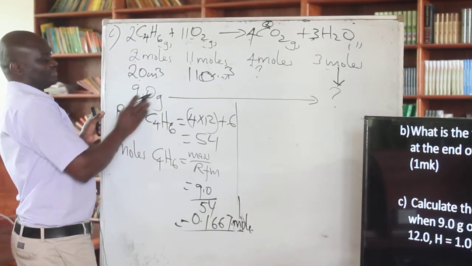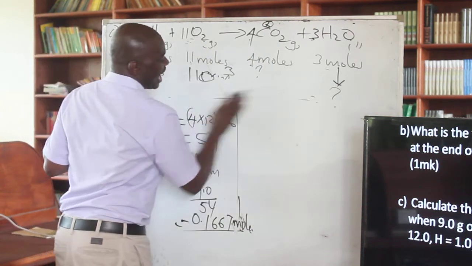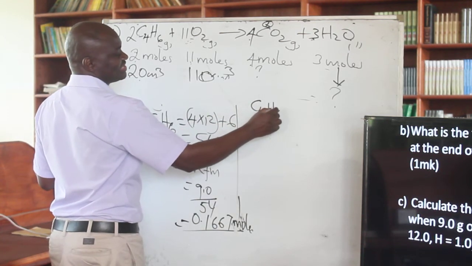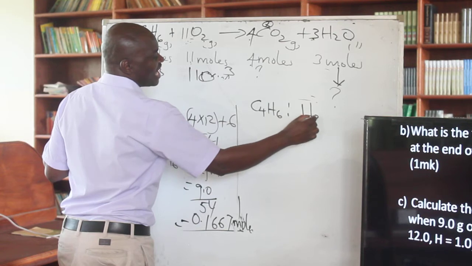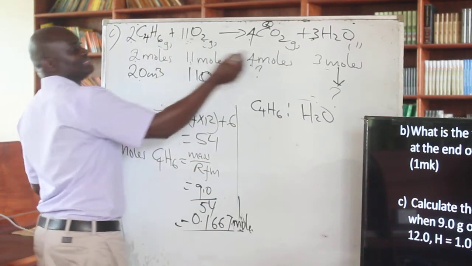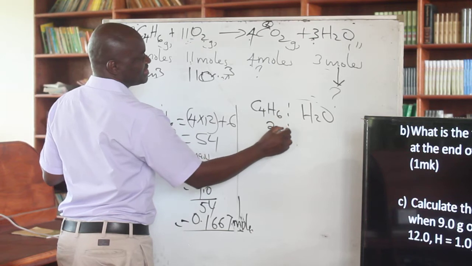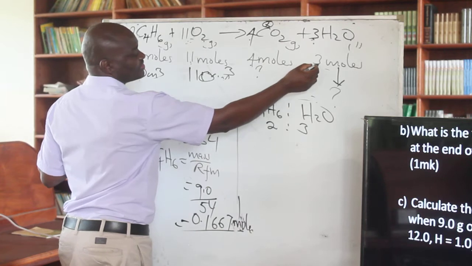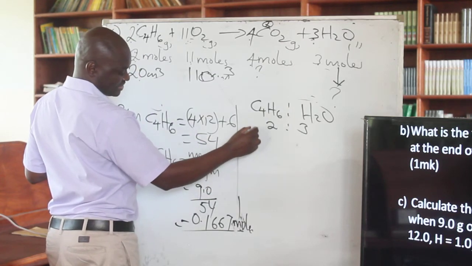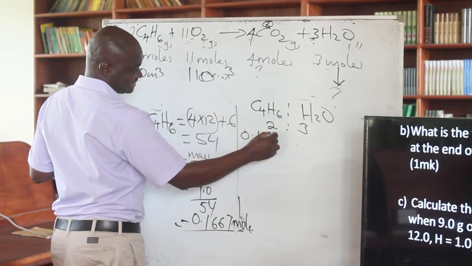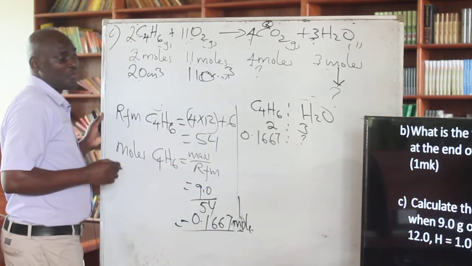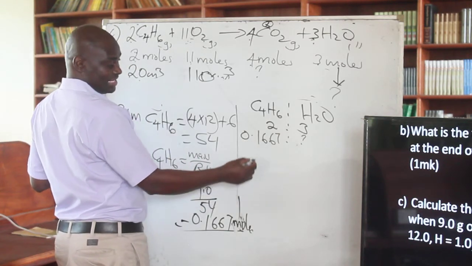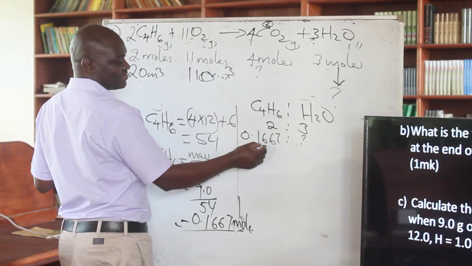Then we will use mole ratios, and in using the mole ratio, we have the ratio of butane to water. Butane to water is 2:3. 2 moles forming 3 moles. So 0.1667 will give you what number of moles? You simply say, if 2 represents this, what about 3?